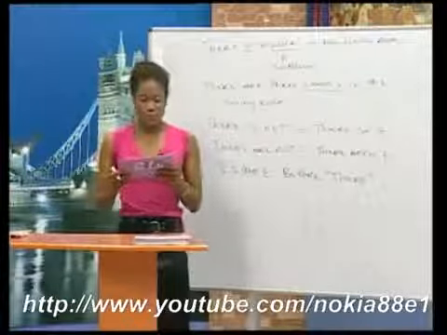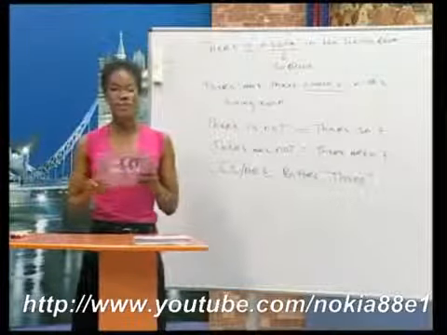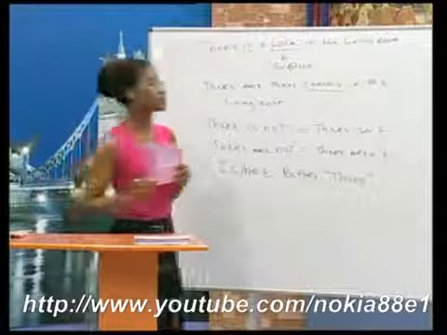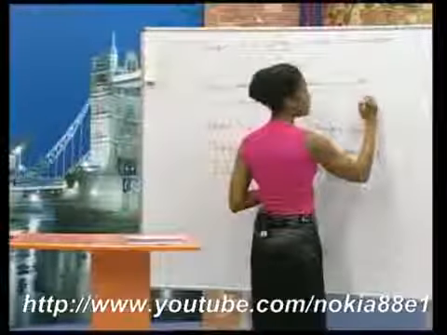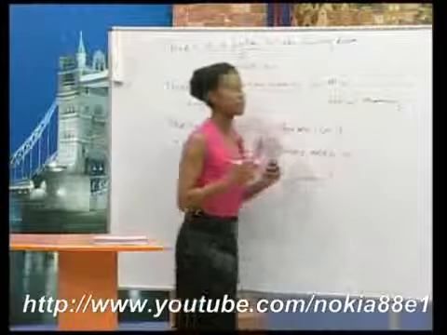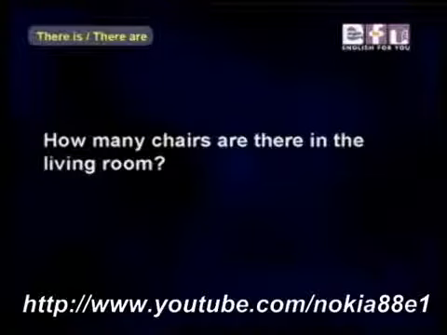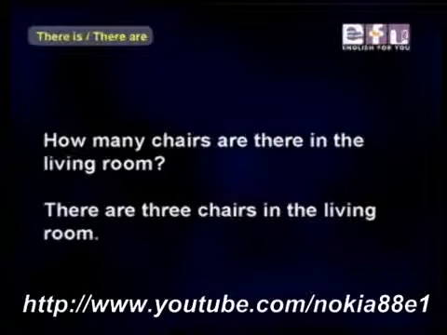Okay, you may use there is and there are when answering a question using how many. Okay, look at your screen for an example. How many chairs are there in the living room? Answer, there are 3 chairs in the living room.